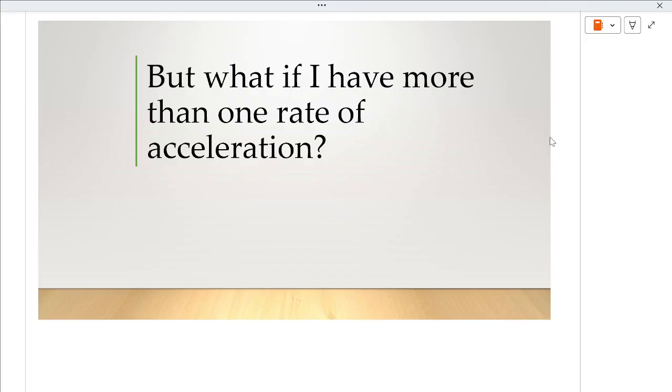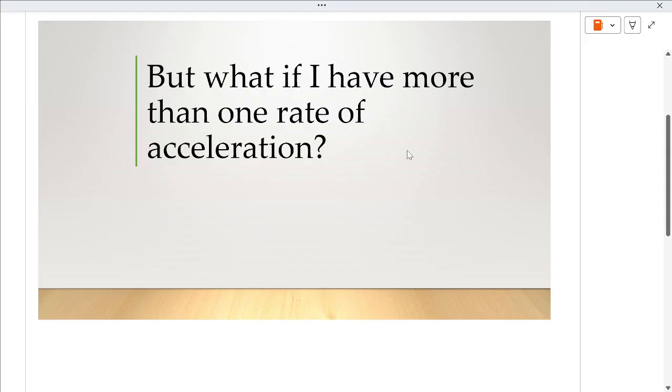I mentioned that if you have more than one rate of acceleration, we would have to do something different. Today is that day. We're going to learn what to do. Spoiler alert, the short answer is you have to solve it in parts. But we're going to look at a sample and see exactly what that means.